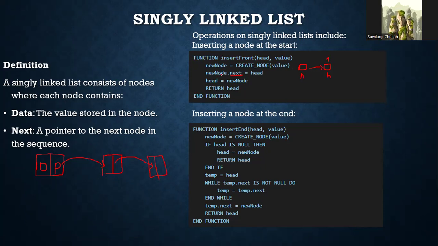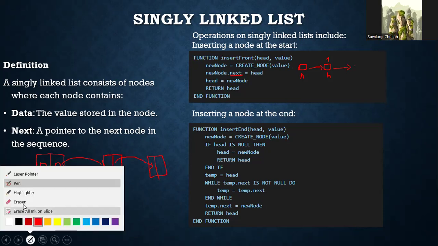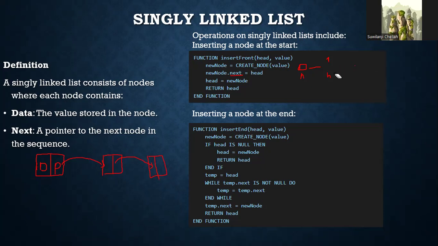And then new node dot next, meaning that the next value of the head here is going to contain the data in the head. Data structures and algorithms is a little bit tricky because I'm even confusing myself. So let's start all over again. Let's create a new node.